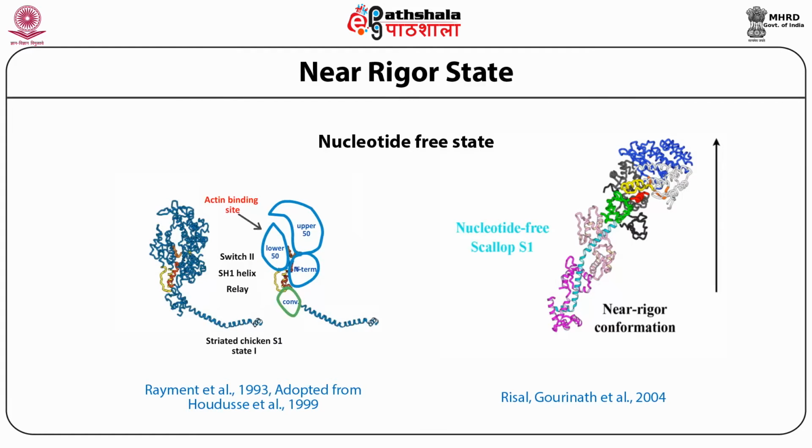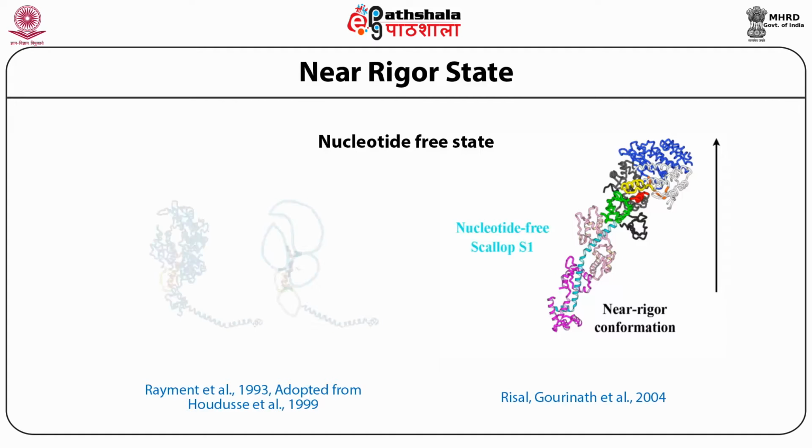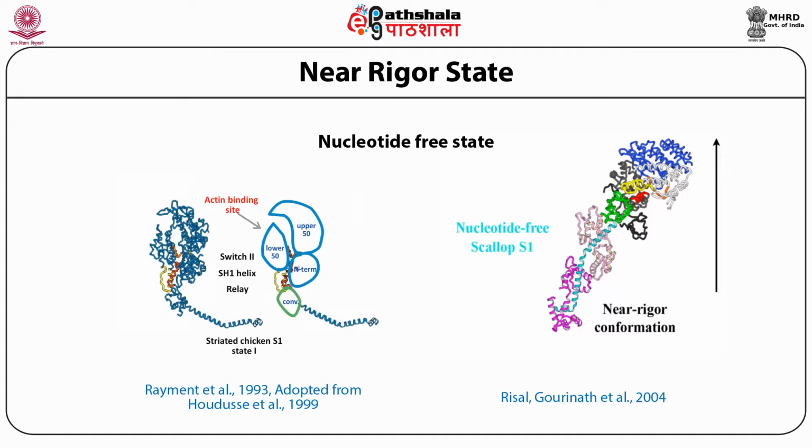The no nucleotide state is expected to be a rigor-like state. But the structures showed the opening of the actin binding site, so it is called a near rigor state. The first structure was reported by Rayment et al. in 1993 from the chicken striated myosin S1.